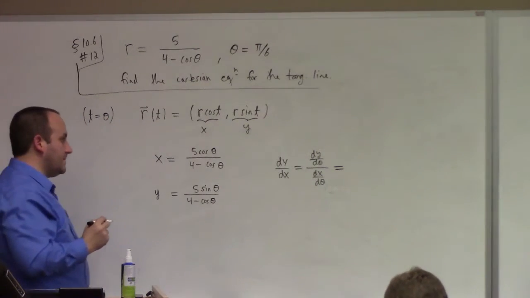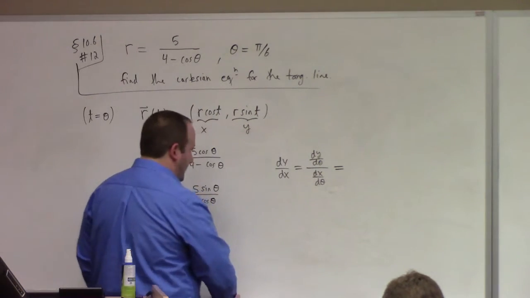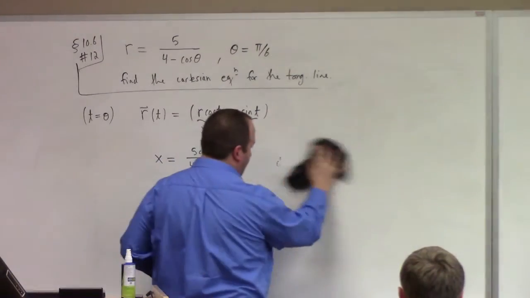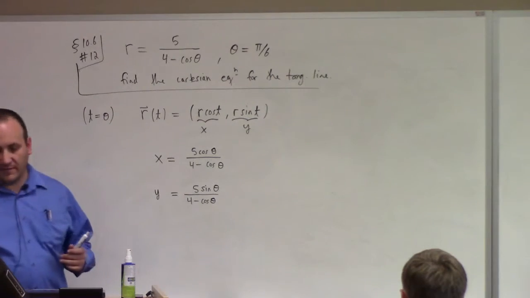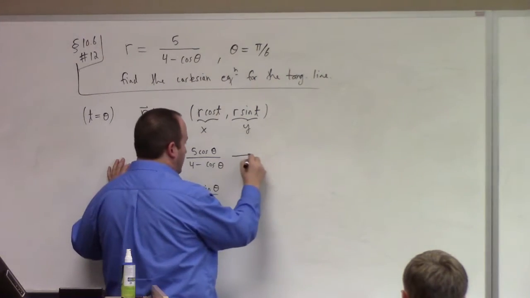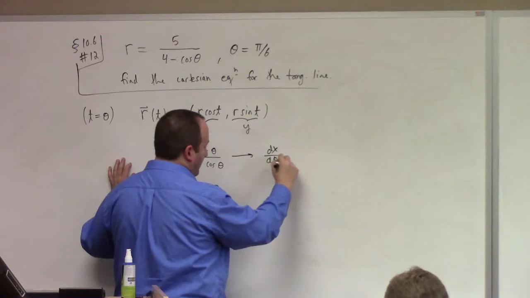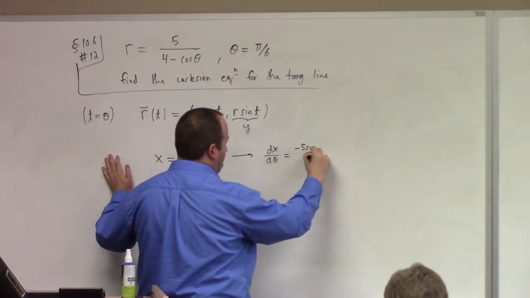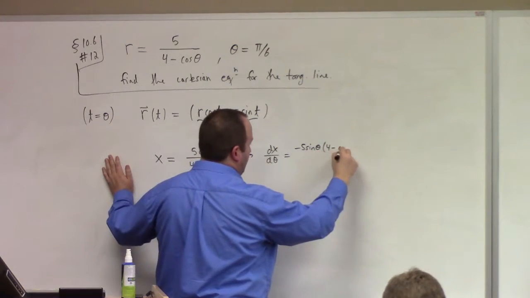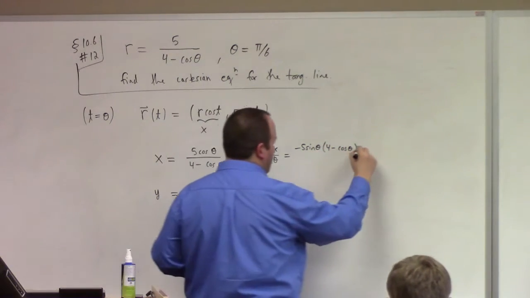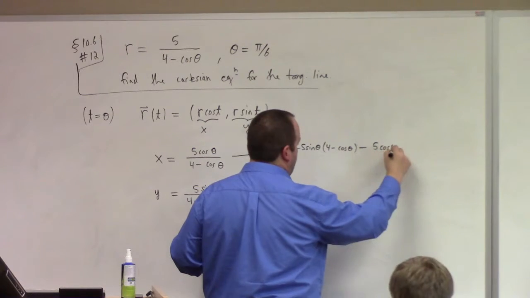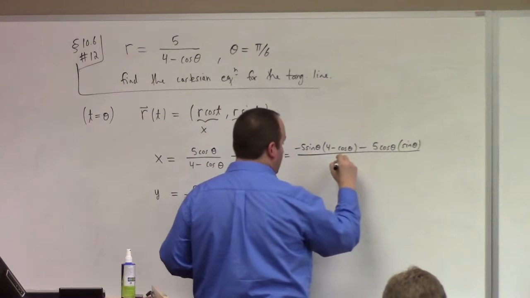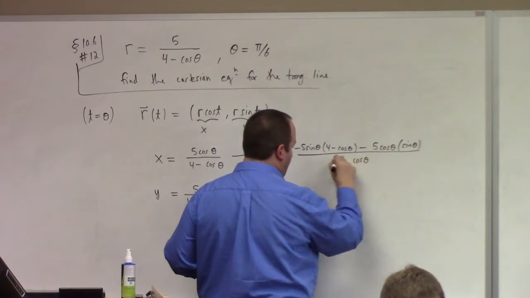So I think I'm going to back it up here for a second and calculate the dx d theta and dy d theta separately and then go to that formula rather than try and do everything at once. So what's dx d theta? Dx d theta, quotient rule, right? So I've got minus 5 sine theta times 4 minus cosine theta minus 5 cosine theta times sine theta divided by 4 minus cosine theta squared.